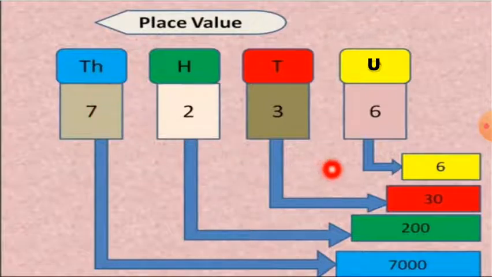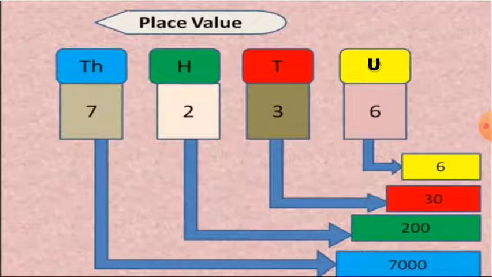Now students, we will see the individual value of each digit. 6 is at unit place, so it will be 6 only. 3 is at tens place, so 3 multiplied by 10 will become 30. Then 2 is at hundred place, so 2 multiplied by 100 will be 200. Then 7 is at thousand place, so 7 multiplied by 1000 will give us 7000. So this is the individual value of each digit.